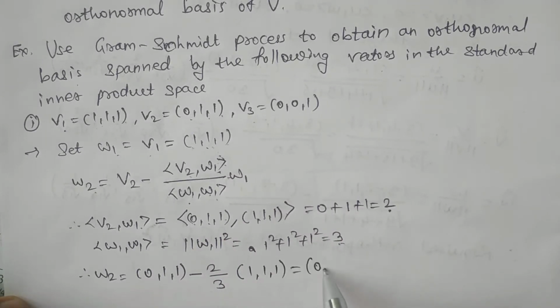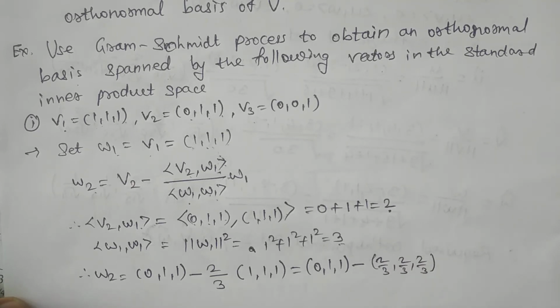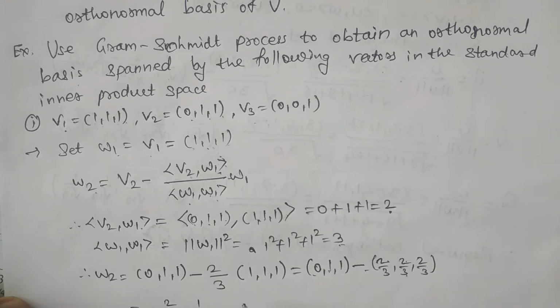So that is (0, 1, 1) minus 2 by 3 multiplied inside, giving (2/3, 2/3, 2/3). After solving this, we get 0 minus 2 by 3, which is minus 2 by 3. Then 1 minus 2 by 3 is 1 by 3, and again 1 minus 2 by 3 is 1 by 3 in this vector.